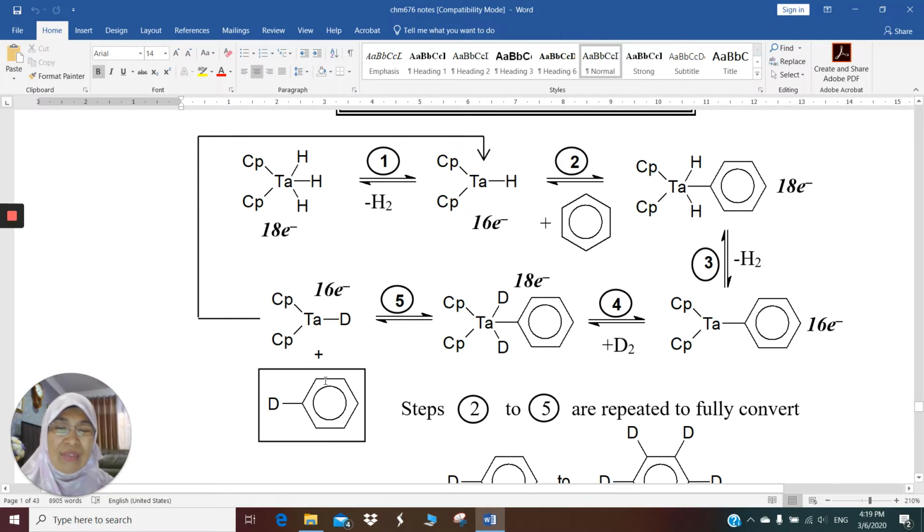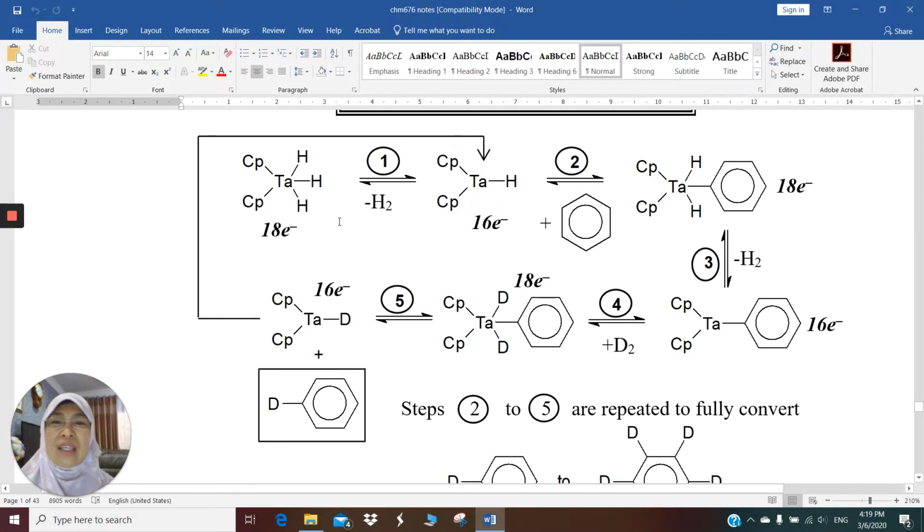Now this monodeuterated benzene will go straight onto step number 2, attach itself onto this particular species, and then the proton is eliminated, and then deuterium goes up to this second step.